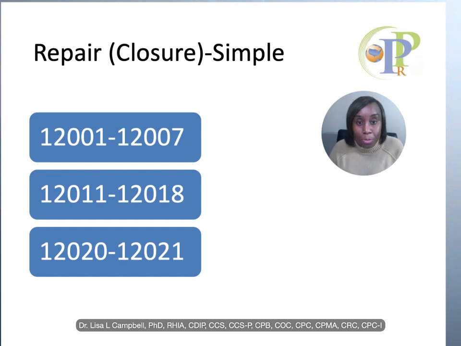Again, those are subsection notes that you will want to make sure that you review, because they are critical to your code assignment. All right, so as it relates to wound repairs, you do need to know the complexity: simple, intermediate, or complex. You also need to know your body parts.